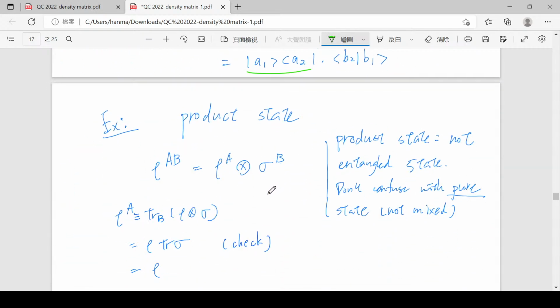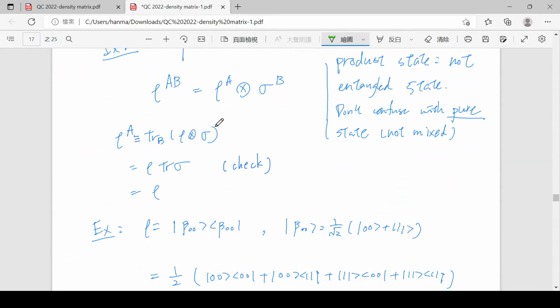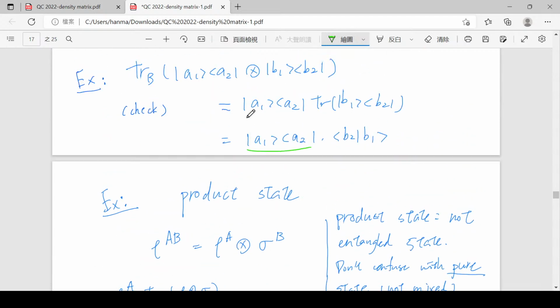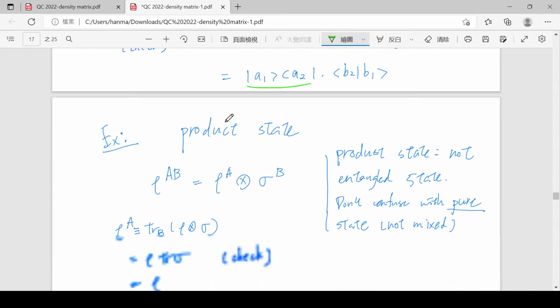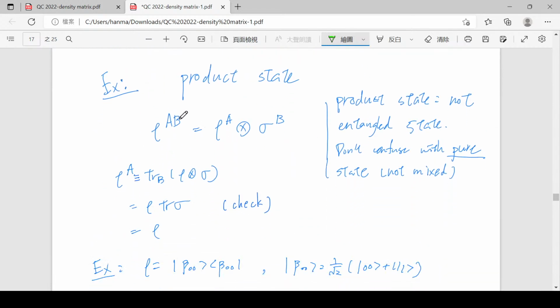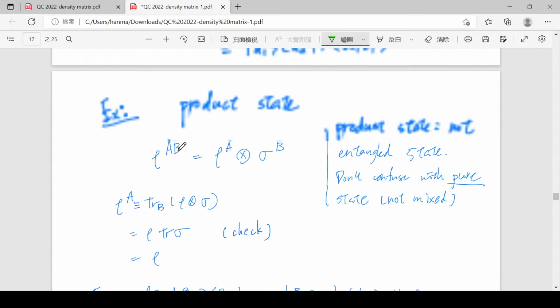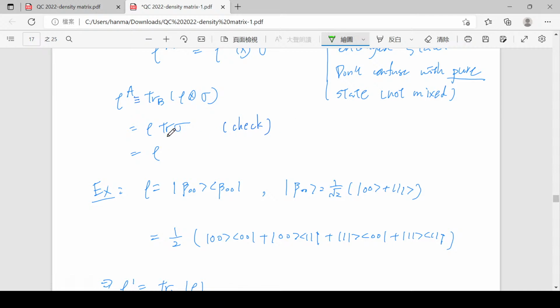And then we can also have a little more general state. If we have two density matrices, and let's say our density matrix has this nice form, rho AB equal to rho A tensor sigma B, then this is also something you can check at home. Maybe we can have homework.